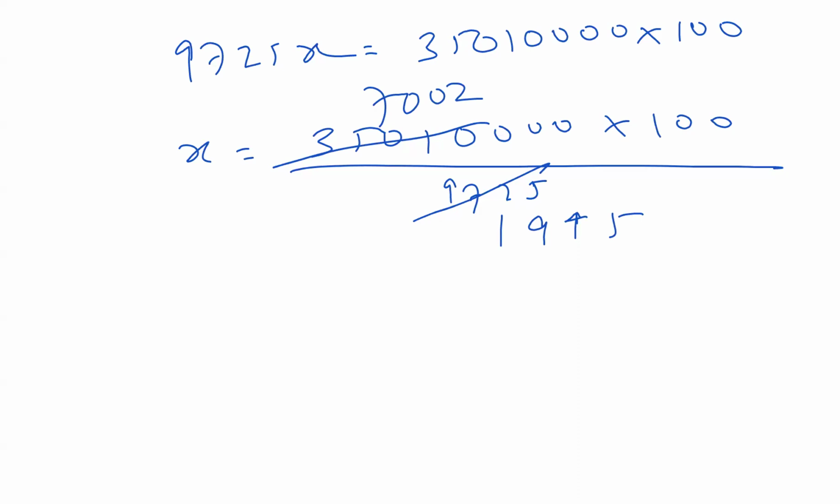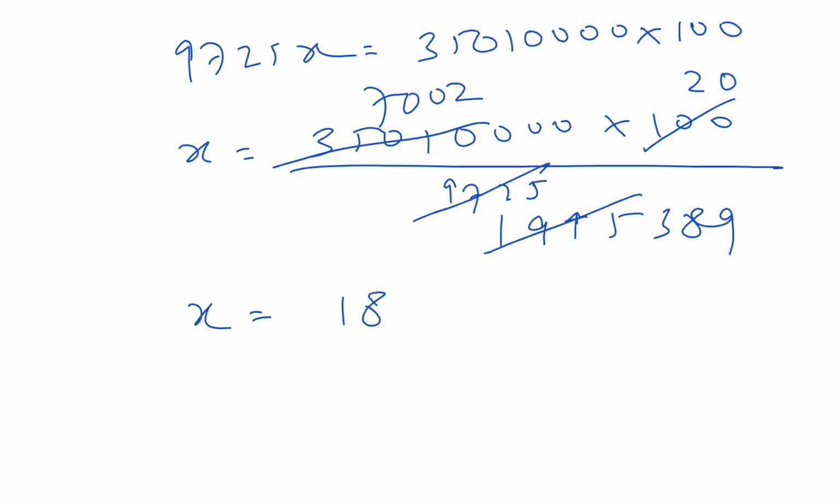Now if you have to divide this, you can divide this further. Or else you can also reduce it further. 1945 divided by 5 will give you 389. Let us check whether 7002 is divisible by 389. Yes, it's 18.